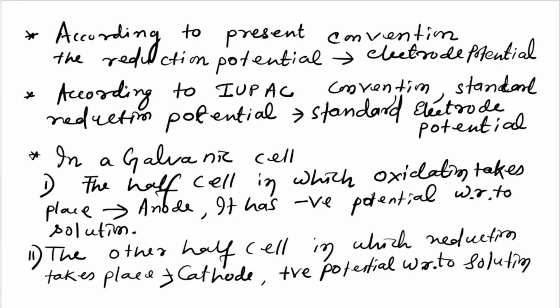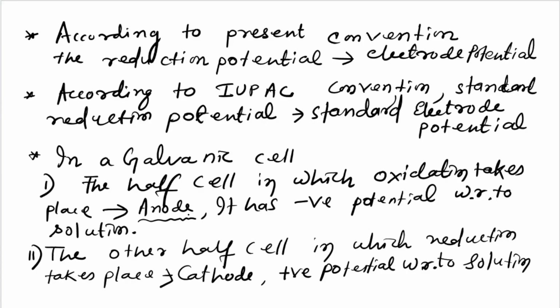In a galvanic cell, the half cell in which oxidation takes place is called the anode, and it has negative potential with respect to the solution.